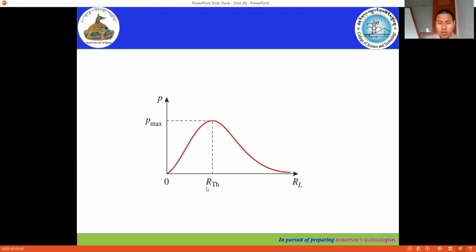And then when RL is equal to RTH, we achieve the maximum power transfer to the load. If we keep on increasing RL, the power delivered to the load decreases again. So this is how the maximum power transfer theorem looks if you plot it in a graph. When RL is equal to RTH, we have the maximum power transfer.